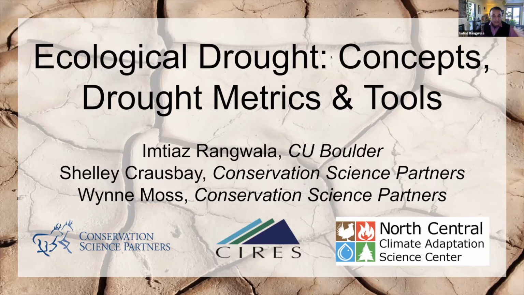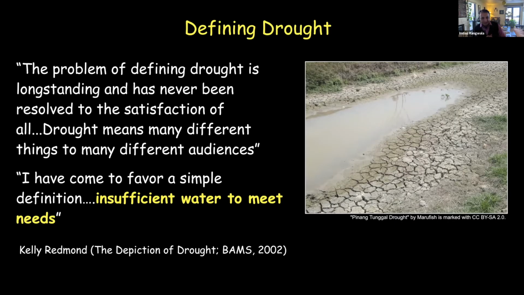Welcome to the session on ecological drought, concepts, drought metrics, and tools. I just want to start with a quote from the legendary Kelly Redmond, who basically says that defining drought is problematic, has been long-standing, and has never been resolved to the satisfaction of all. Drought really means different things to different audiences and different stakeholders.